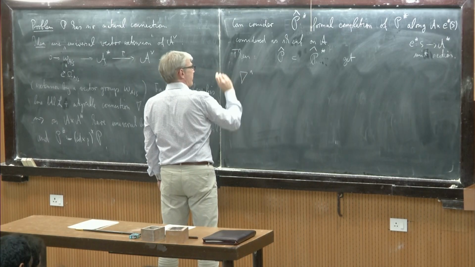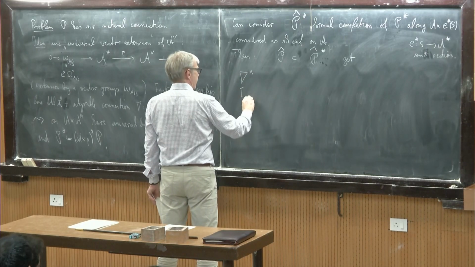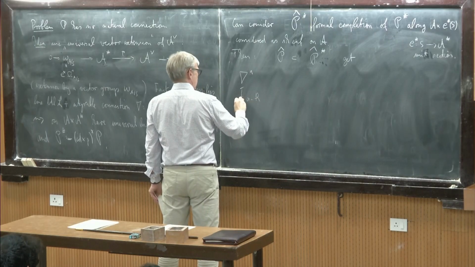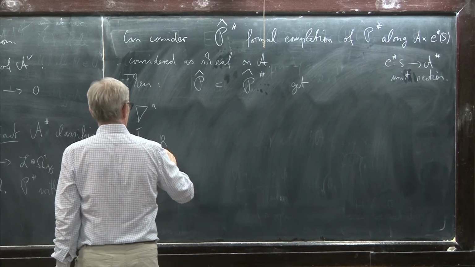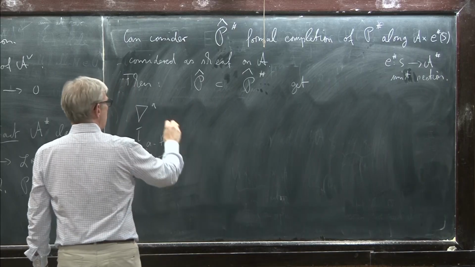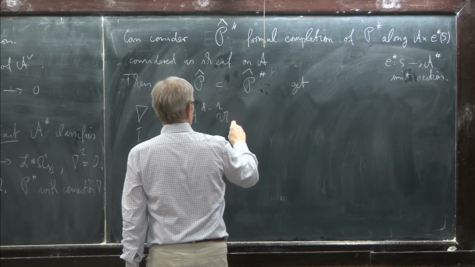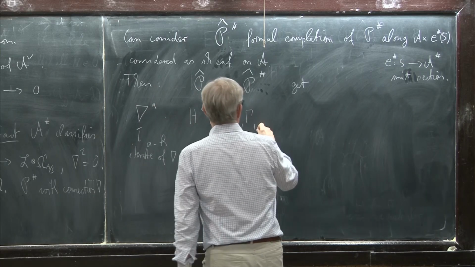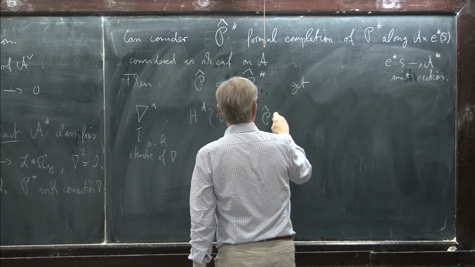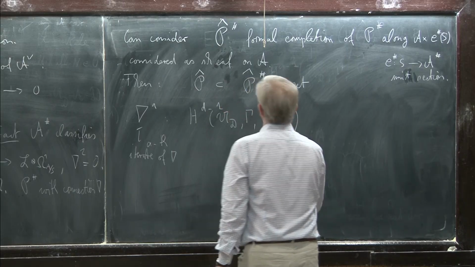And we take the a-th iterate of the connection. And this gives us the map from H^{D-1} of U_D gamma P hat.